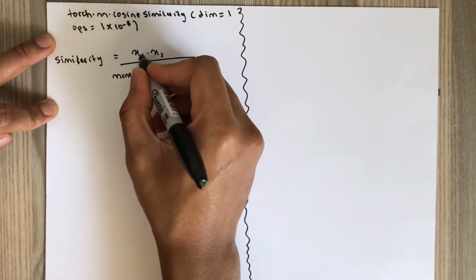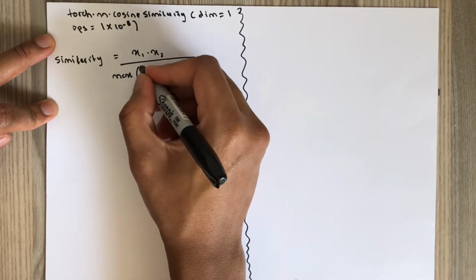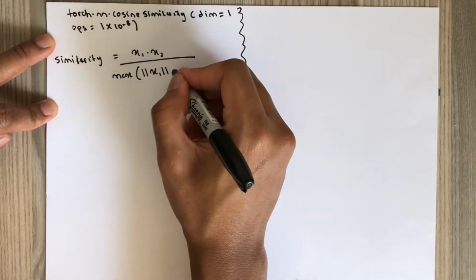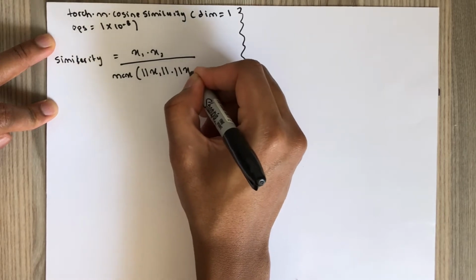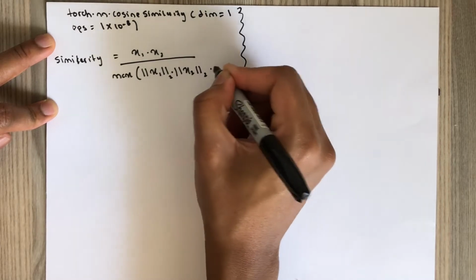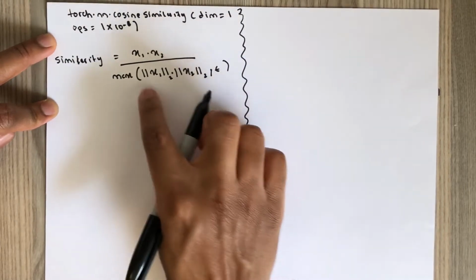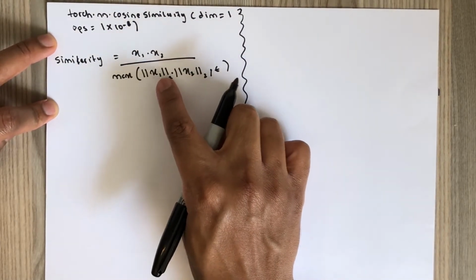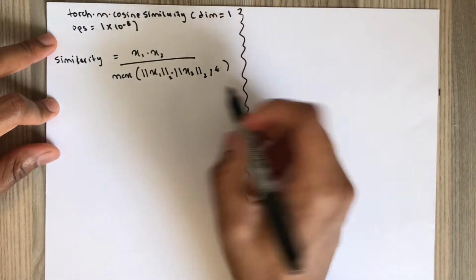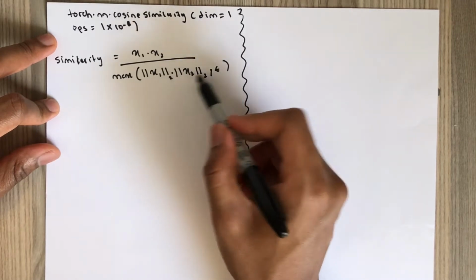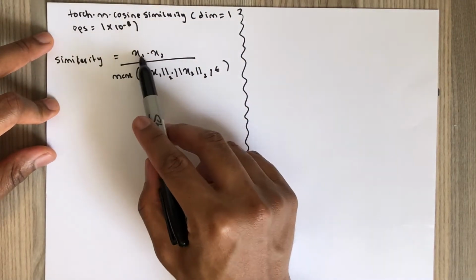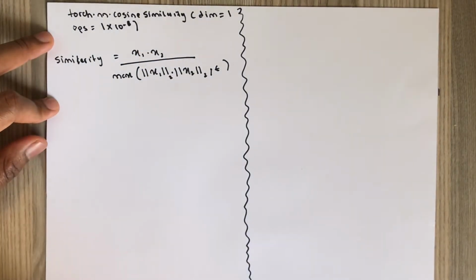Take the dot product, and divide by the max of the multiplication of the L2 norms of x1 and x2, and epsilon. So take the multiplication of the L2 norms, and whichever is bigger between that multiplication and epsilon is what the dot product is going to be divided by.